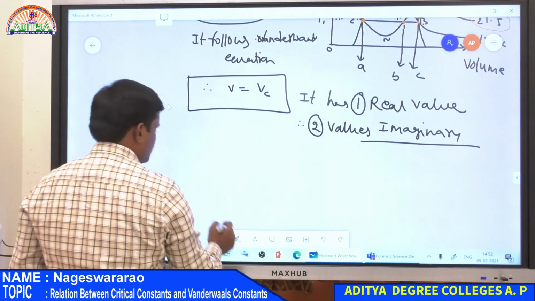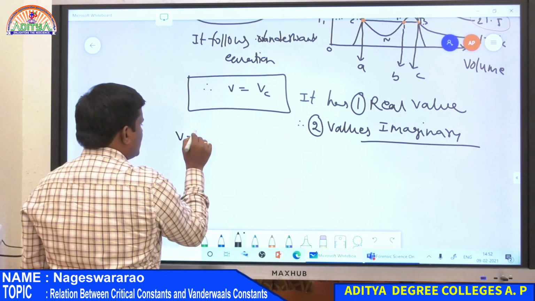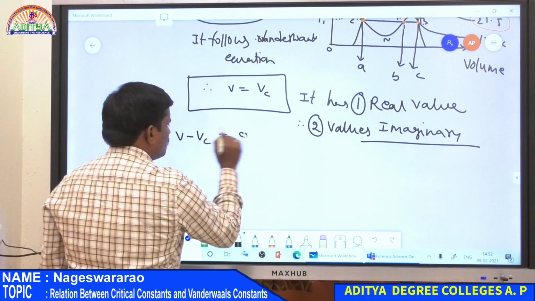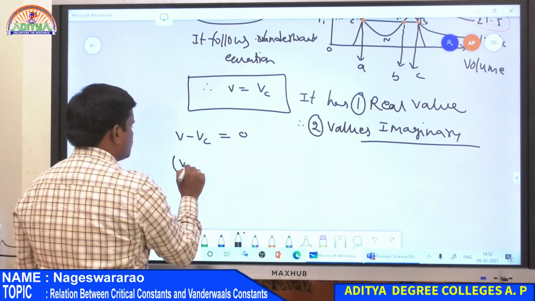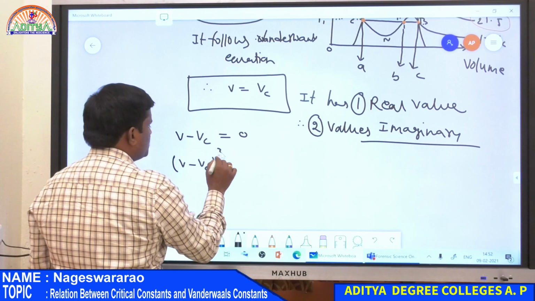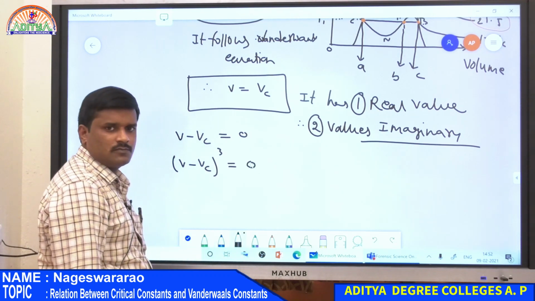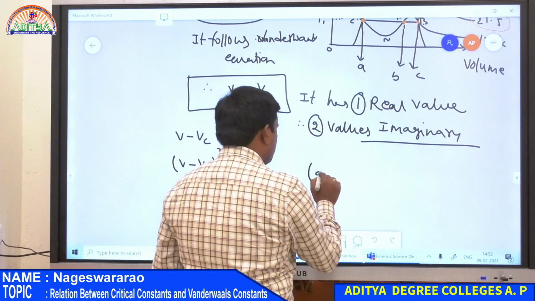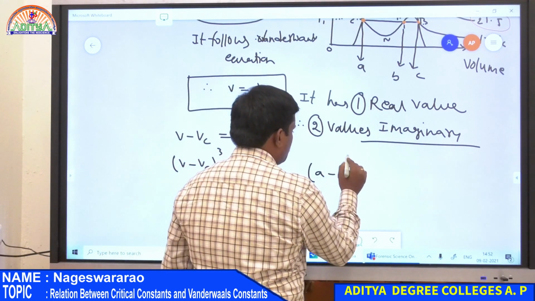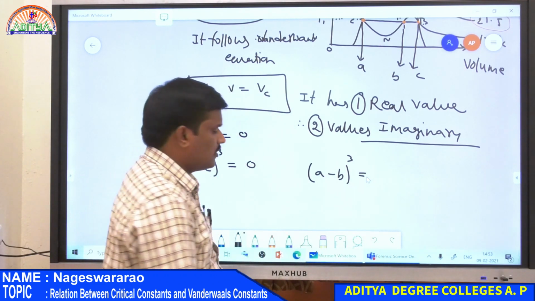Therefore, taking Vc to the left hand side, we get V minus Vc is equal to 0. Now taking cube on both sides, (V minus Vc) whole cube is equal to 0 cube, that is nothing but 0. Now again there is a formula for (A minus B) whole cube. So what is (A minus B) whole cube?